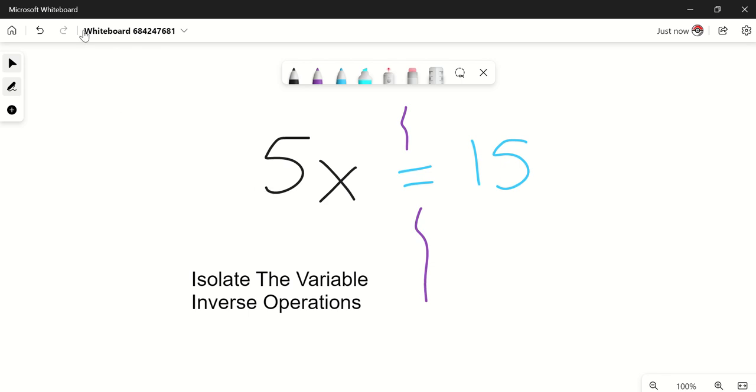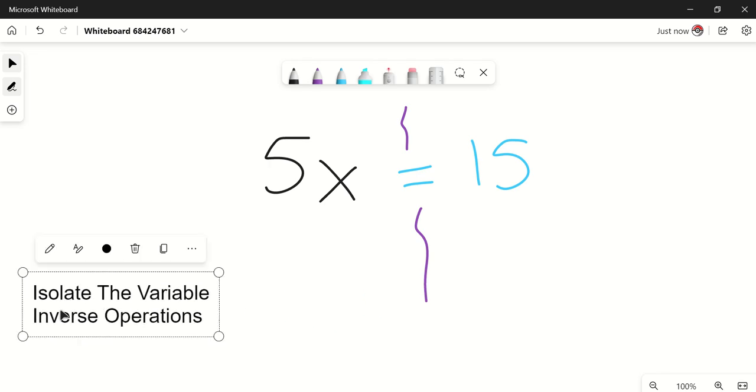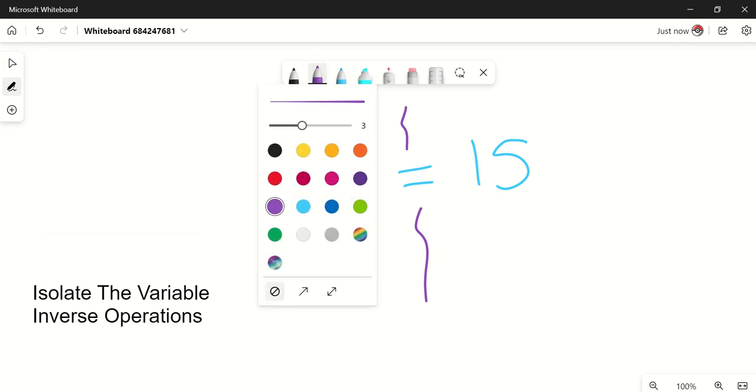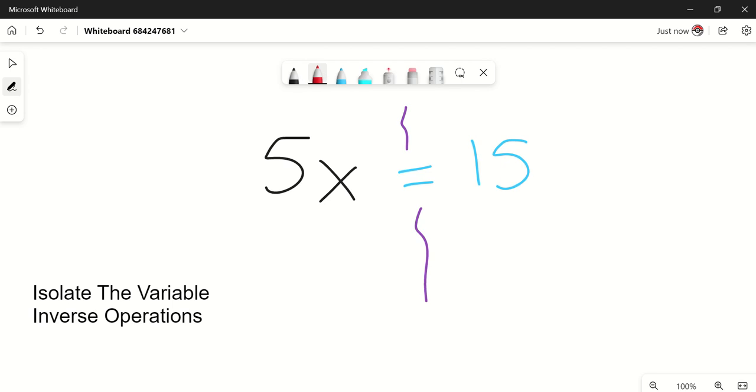What's the opposite of multiplication, everybody? So, in order to isolate the variable, which is our x here, to get it by itself, I need to get rid of all the other math that's happening, or inverse operations. I need to use the opposite in order to get rid of it. So, if this is being multiplied by 5, what do we suggest we do to get rid of it? Everybody?